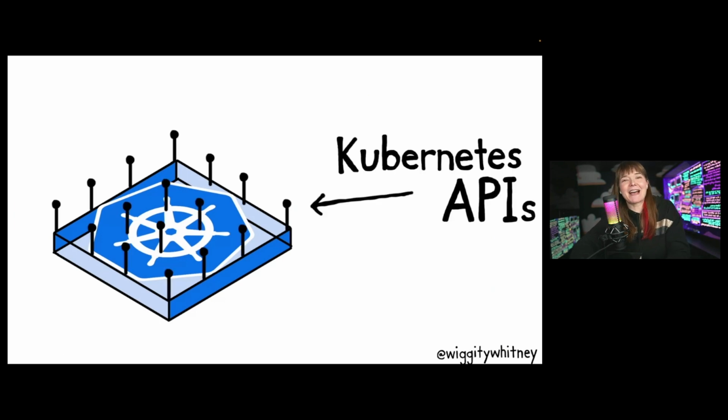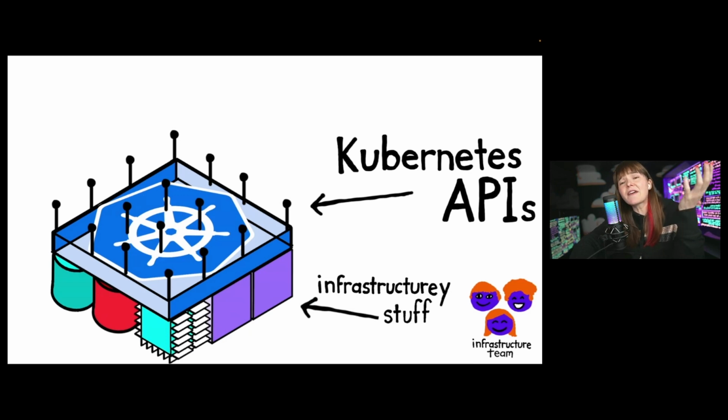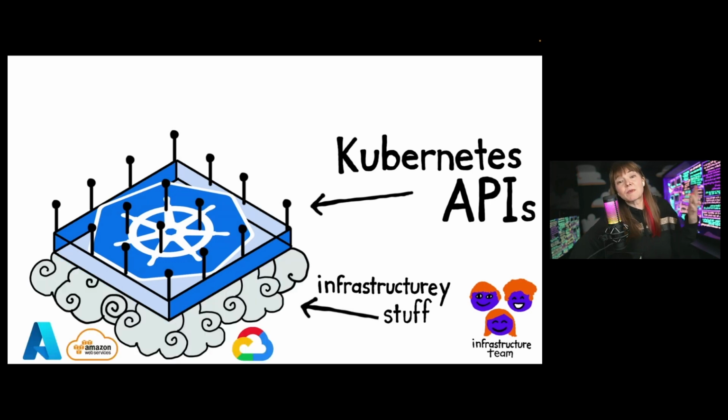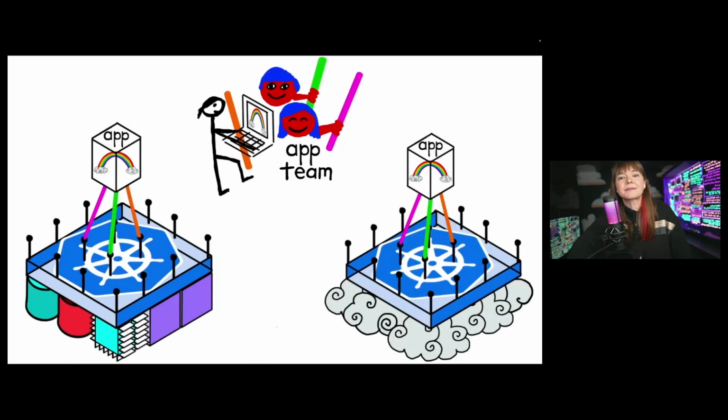Kubernetes and the Kubernetes APIs have many benefits. But the one big benefit we're going to dig into right now is that Kubernetes offers a clear separation of concerns between infrastructure and development teams. So the infrastructure team can take care of VMs and hardware if they're working on premises, or they can choose which cloud provider offers the best services for their particular use case, because all the major cloud providers now support the Kubernetes APIs.